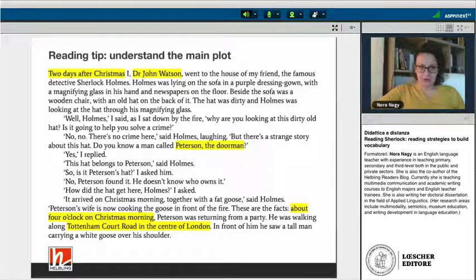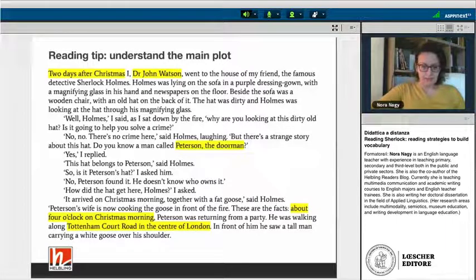So the story begins 2 days after Christmas when John Watson, who is telling the story, visited his friend. The hat and the goose were found by Peterson, the doorman, and they were found about 4 o'clock on Christmas morning.